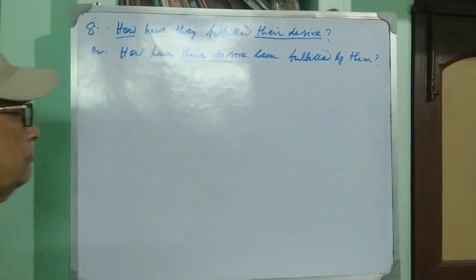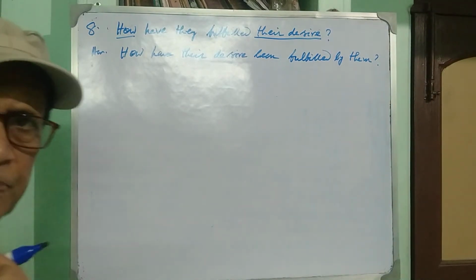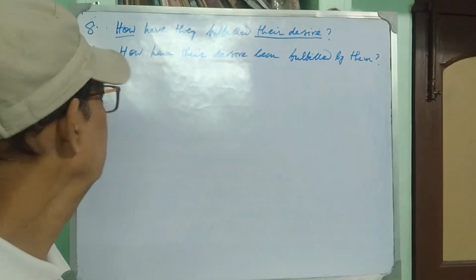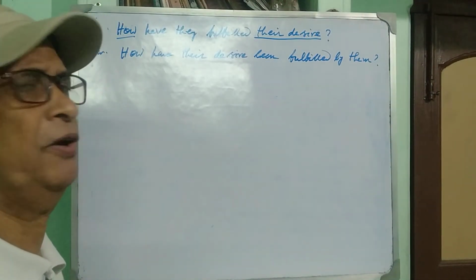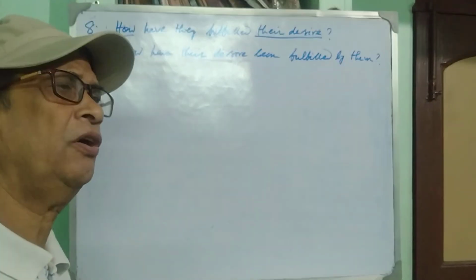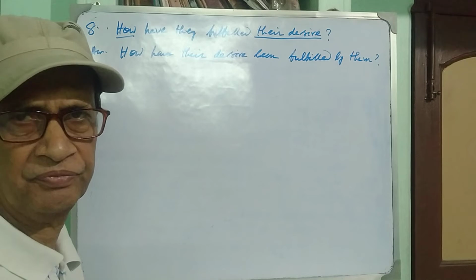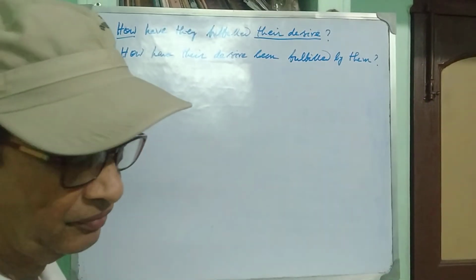Okay? It may also be: How have been their desire fulfilled by them? It is also a correct form. So do not hesitate if you write in this manner or that manner.